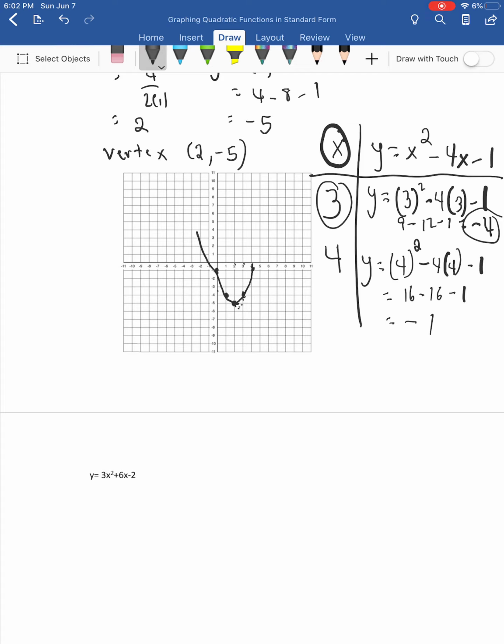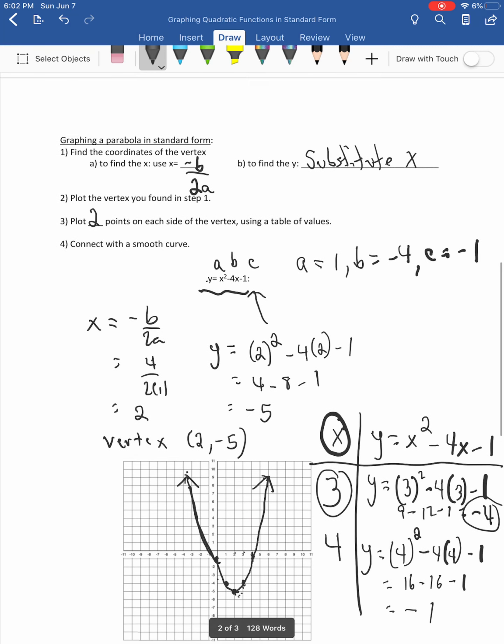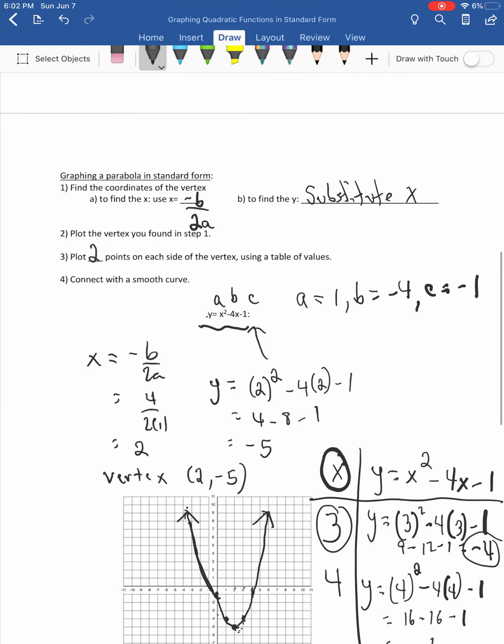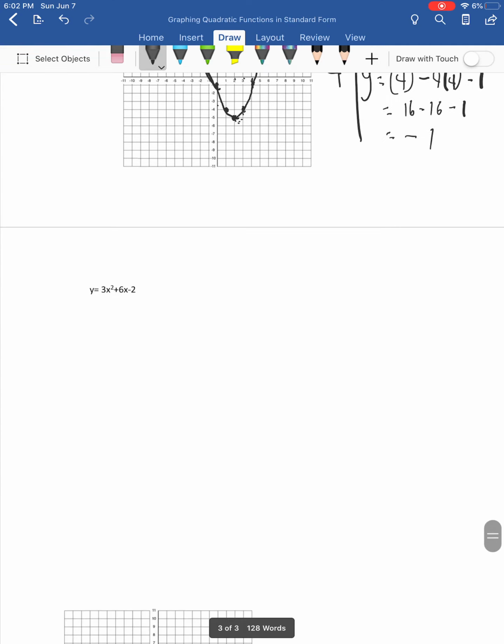So what we did, we plotted 2 points on each side of the vertex using a table of values and symmetry. And then we connected with a smooth curve to make our parabola.